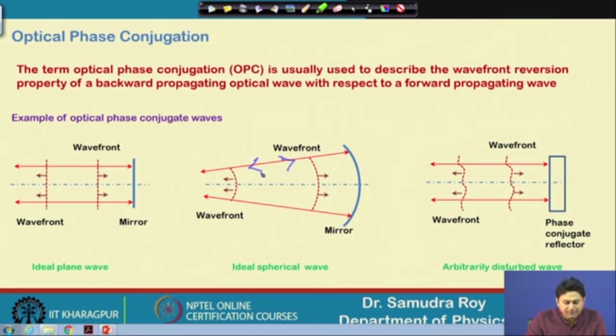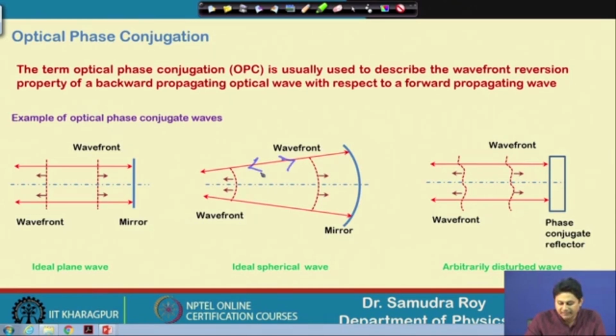These two examples are related to mirrors. The mirrors I am talking about are normal mirrors, and now the third example is something which we are going to discuss in detail, and this is called a phase conjugate reflector. This is a special mechanism, and we will describe it in today's class.